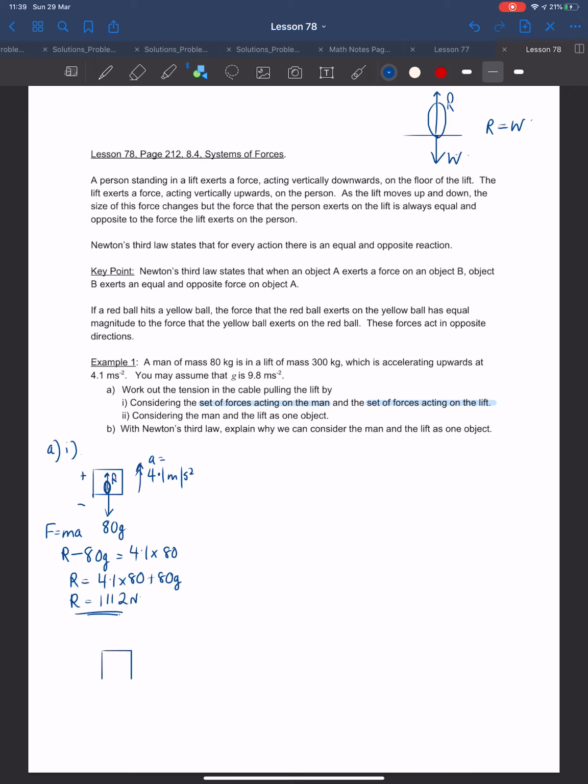So part B, with Newton's third law, explain why we can consider the man and the lift as one object. So what we can say is the forces between the lift and the man, so that's the downwards and the upwards, cancel each other out.